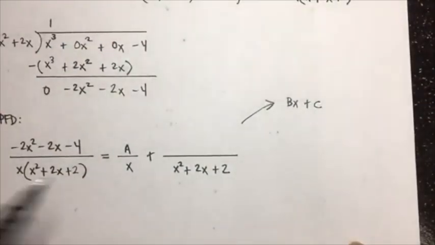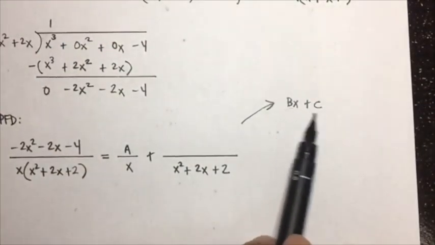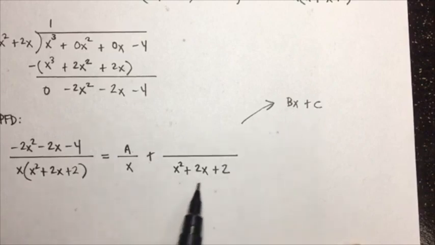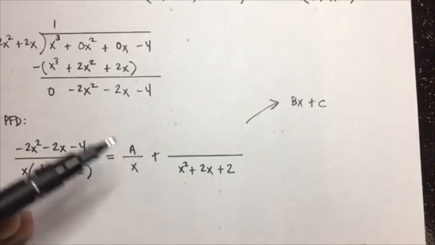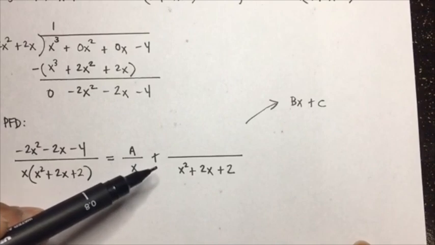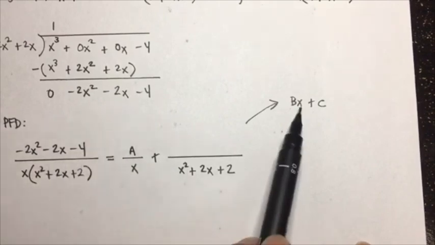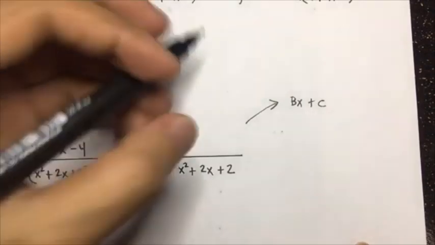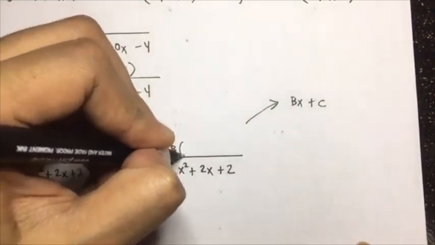Again, our numerator here should have been Bx plus C, which is linear. But we will replace x with the derivative of the denominator so that later on it will be easier for us to integrate using logarithms.